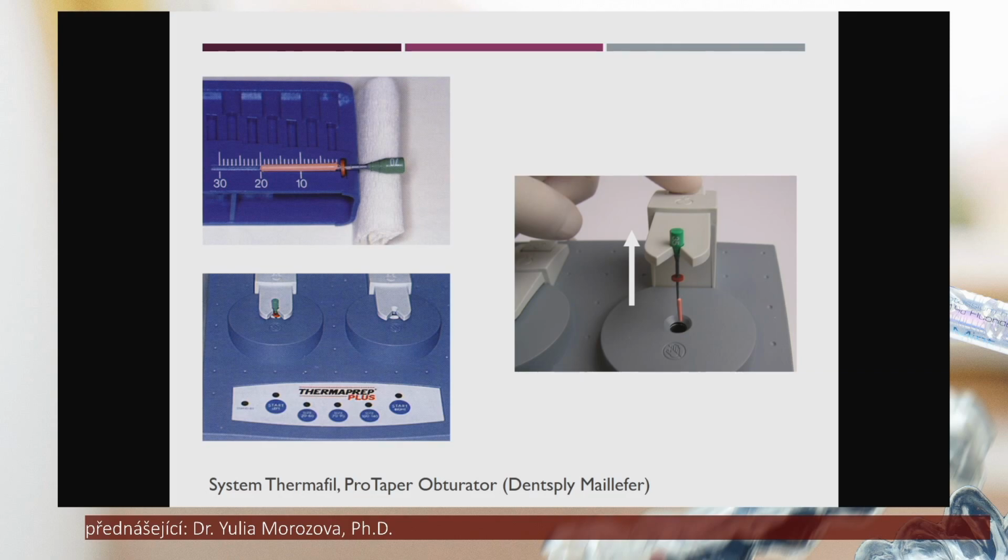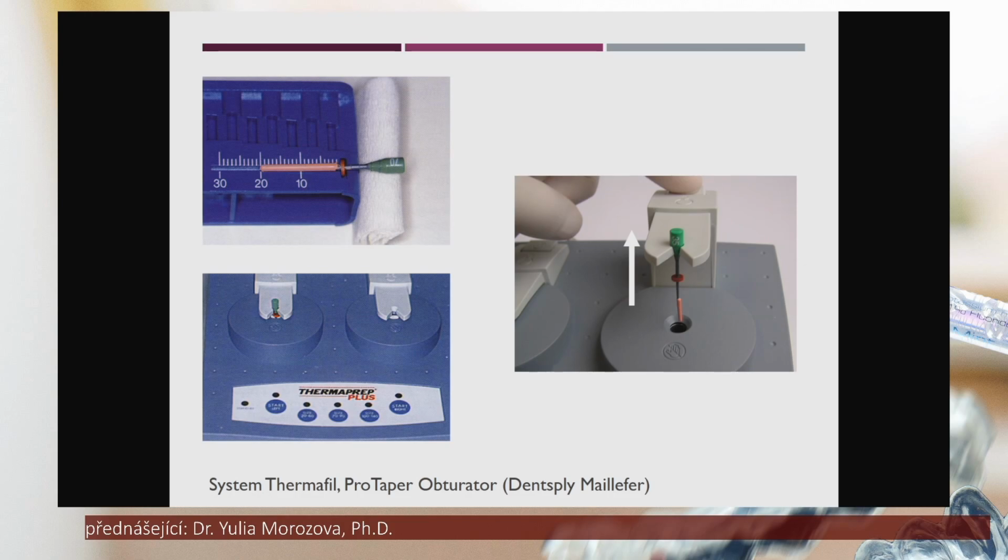This instrument will provide us information if we have the whole apical seat, and if the shaping is suitable for the future obturator. So when we choose the suitable obturator, we put it into the special warming device, where we should choose the correct size of this obturator, and finally we can turn on this device.